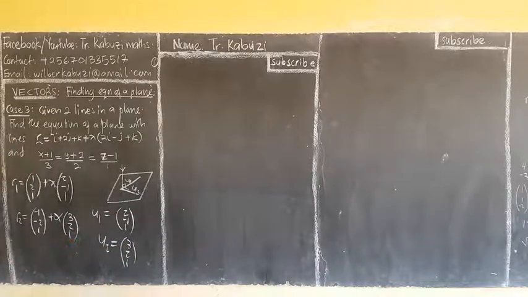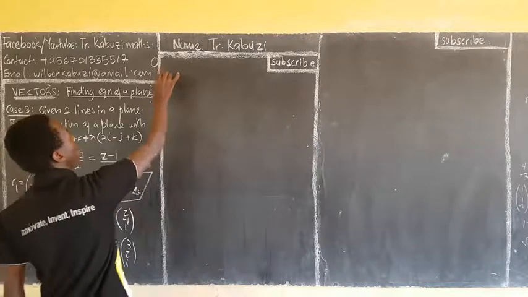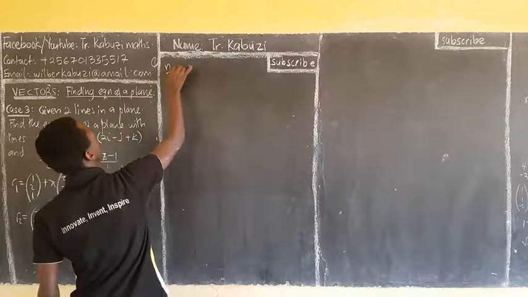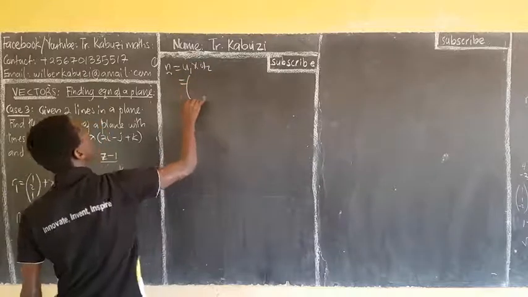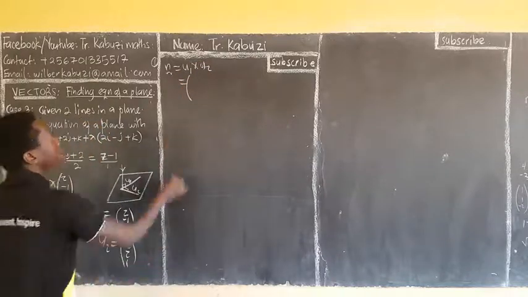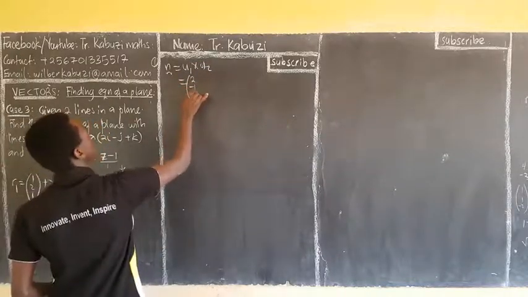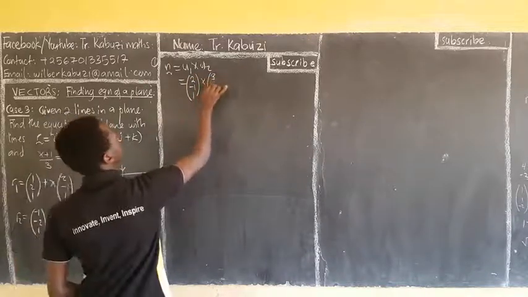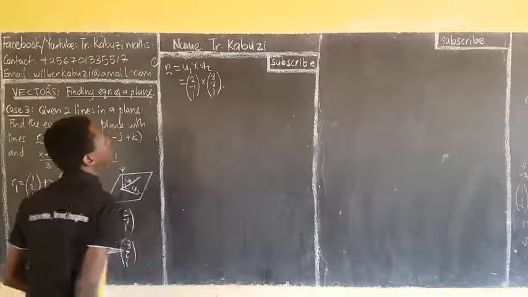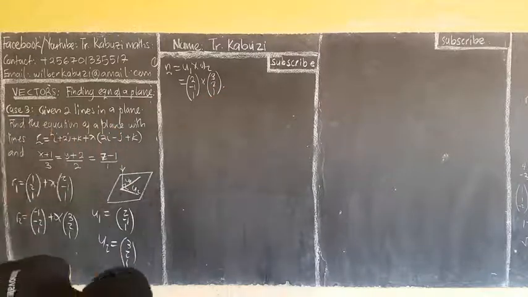So to get my normal, I'm going to cross them. So my normal will be u1 cross u2. So my u1 is (2, -1, 1), u2 is (3, 2, 1). So let us cross and see. I told you the easiest method.